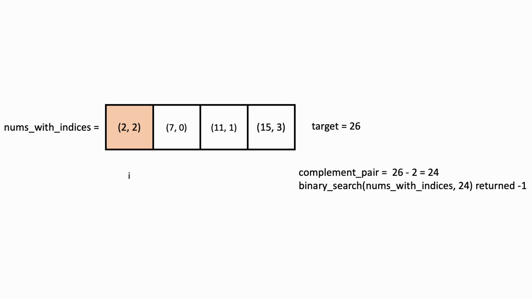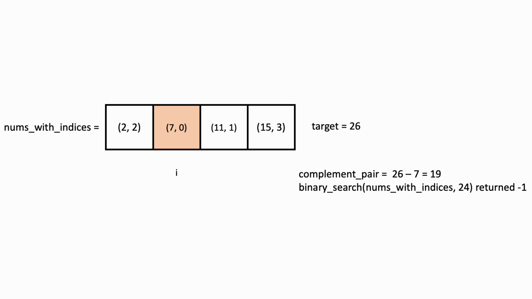After generating nums with indices, next we will traverse the nums with indices array. So we'll start our traversal at the 0th index where i would be pointing to 2, 2. We'll try to find the complement pair of 2, which would be 26 minus 2, 24, in the rest of the nums array using binary search. Since 24 is not present, binary search will return minus 1. We'll increment the ith pointer. i would be pointing to 7, 0.